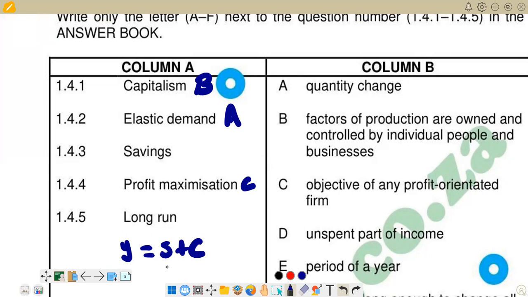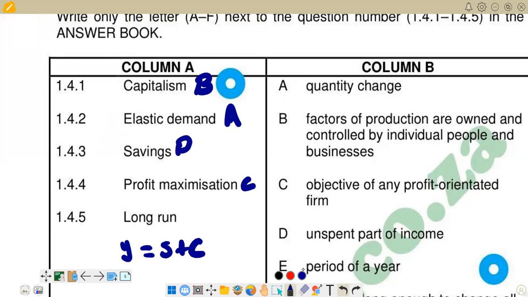That is what we have in terms of this formula. The unspent part of income is the one we did not spend. The one that we spent is the one that we consumed, and the one that we saved is the one that we didn't consume. So savings becomes the most appropriate, which is D here.